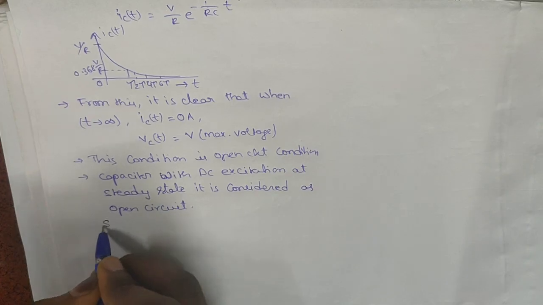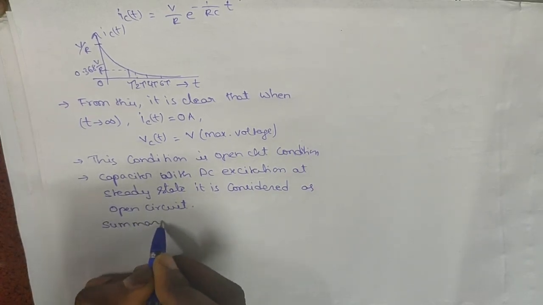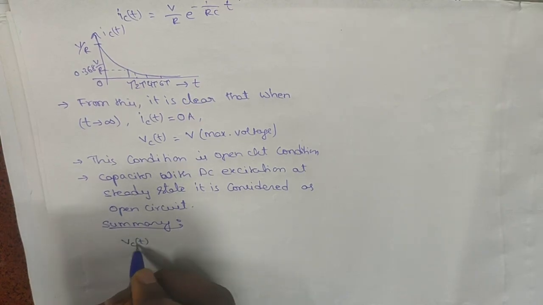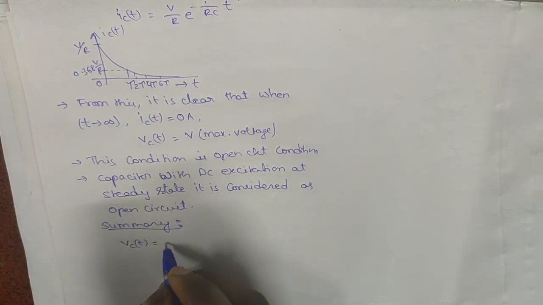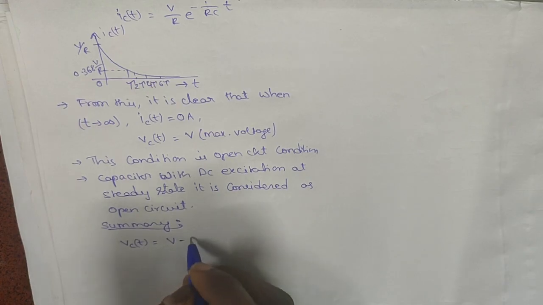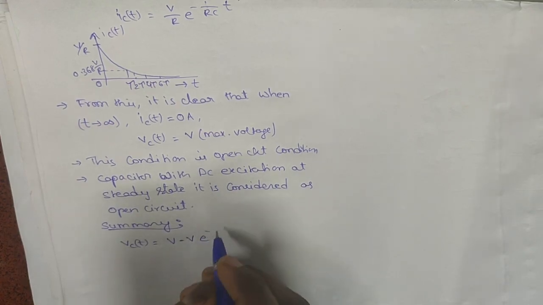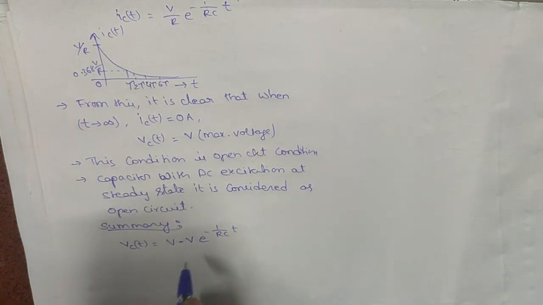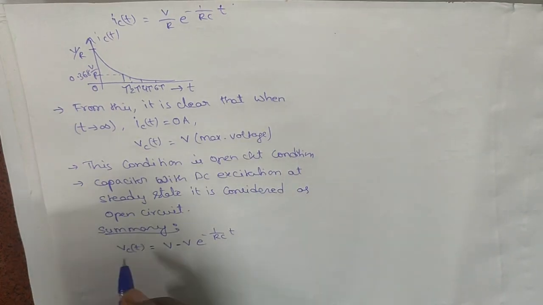Let's summarize. The voltage across a capacitor for an RC circuit is V minus V e power minus 1 by RC into t. When there is an initial condition, we will consider that in the next step.